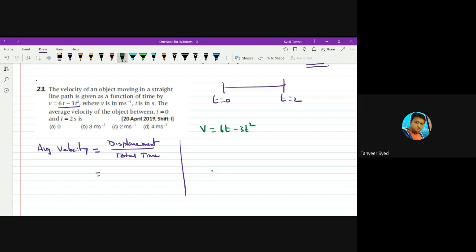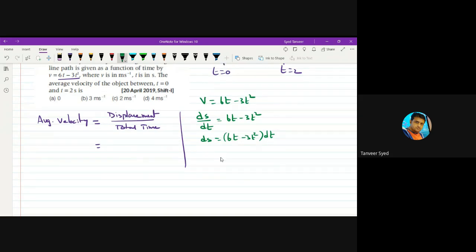I can write velocity as dx by dt or ds by dt, anything. ds by dt is equal to 6t minus 3t square, or from here ds is equal to (6t minus 3t square) dt. ds is small displacement in a small interval of time dt.